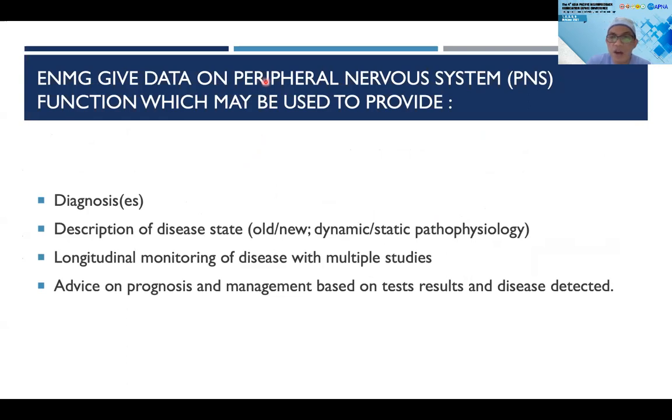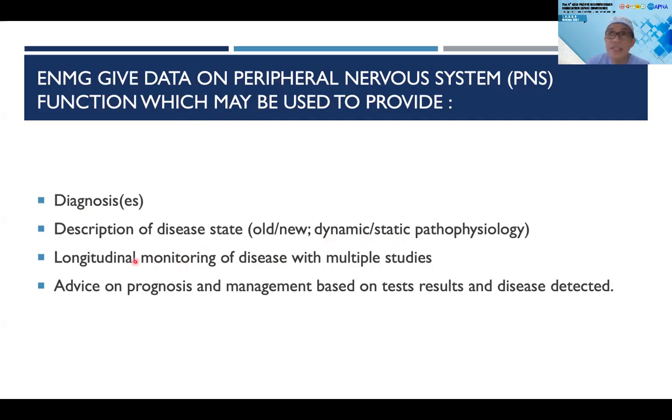ENMG gives data on the peripheral nerve system functions, which may be used to provide information to clinicians about diagnosis, about the description of disease state: is it old or new, dynamic or static, the pathophysiology.